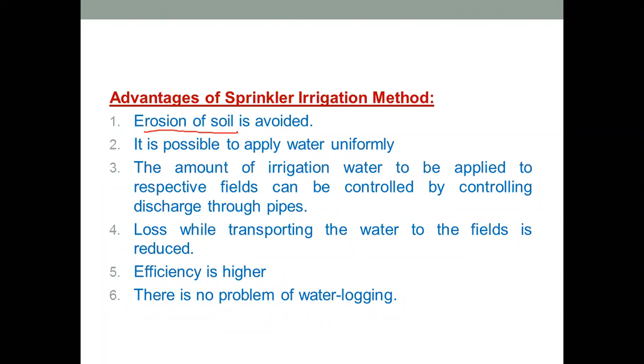Now in irrigation methods such as the check irrigation method, the land is leveled, the agricultural field is leveled and borders are provided on all the four sides of the field.